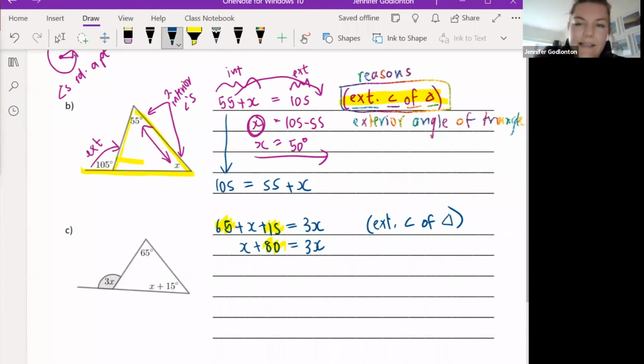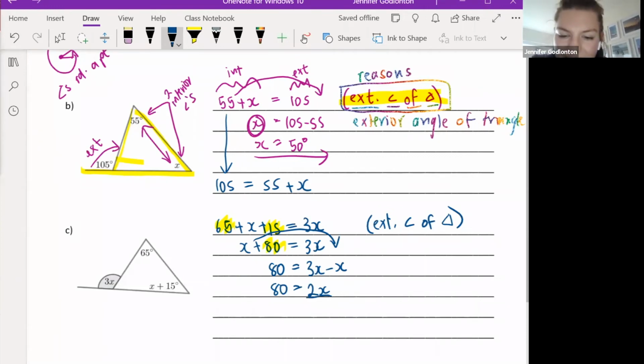Yes. Next line. And then now you're going to take the x over and it's going to become 80 equals 3x minus x. Beautiful. Next line. So it's going to be 80 equals 2x. Yes. Next. Then you're going to divide by 2 on both sides. Good. And x is going to equal 40.